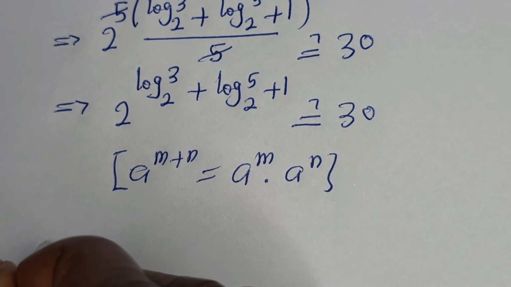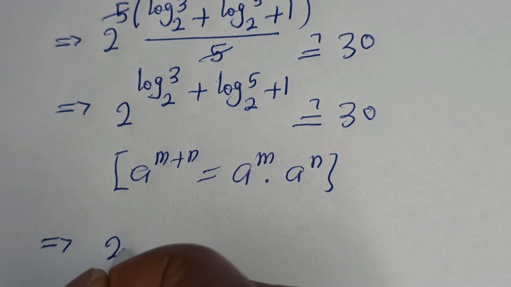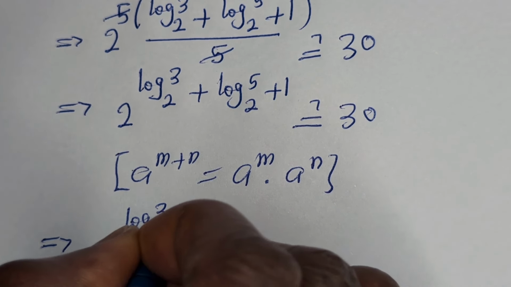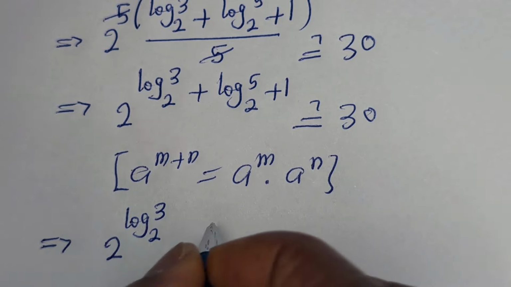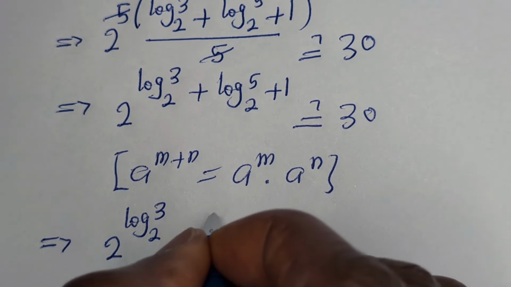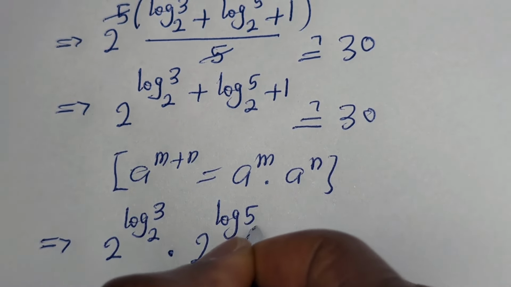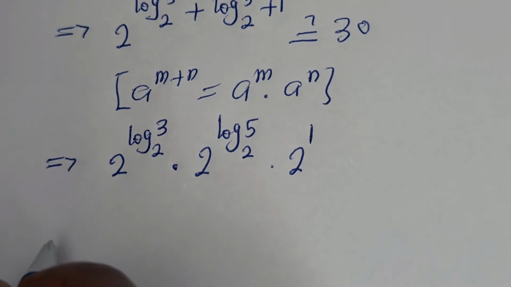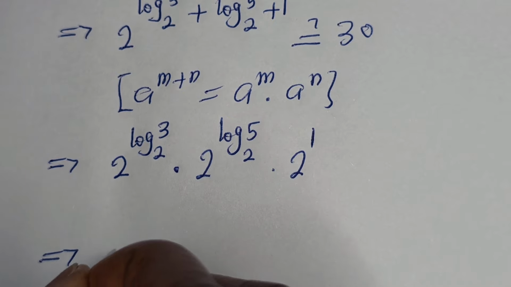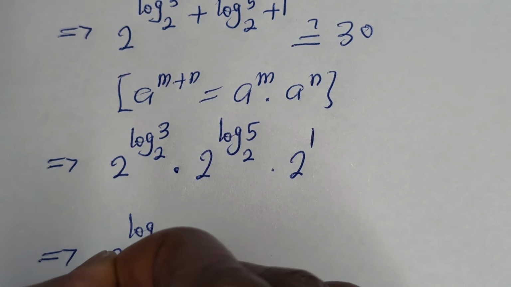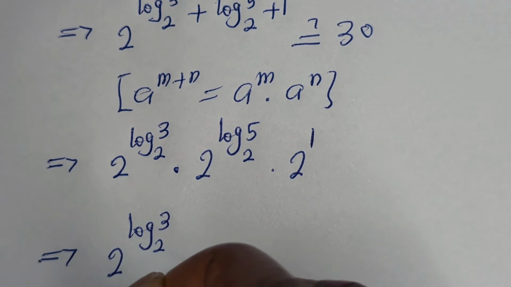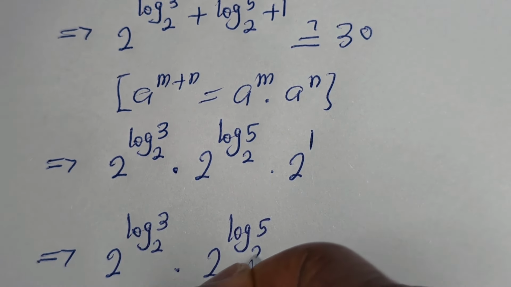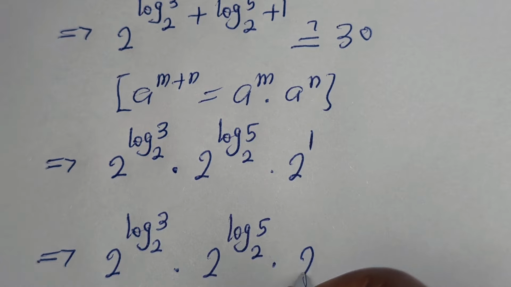Then this is 2 raised to power log 3 base 2 multiplied by 2 raised to power log 5 base 2 multiplied by 2 raised to power 1, which is 2.